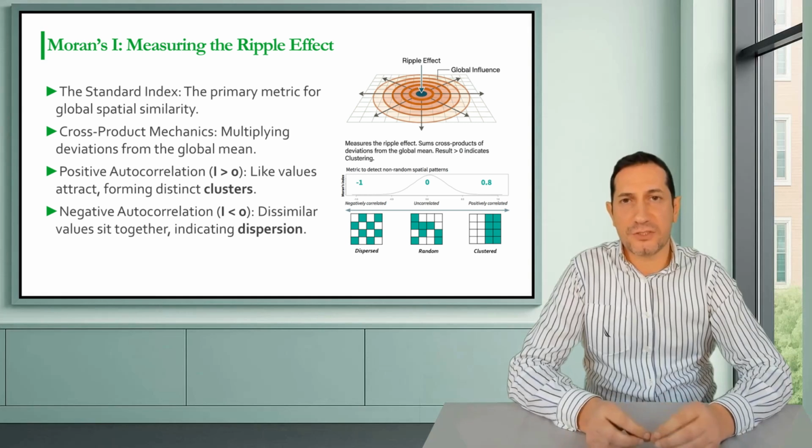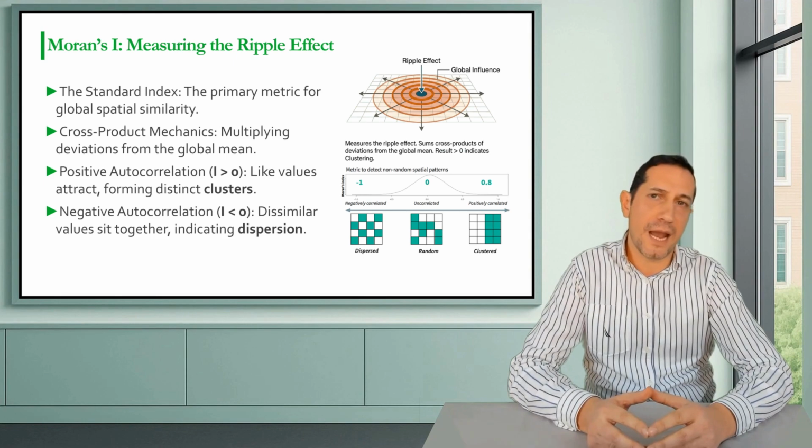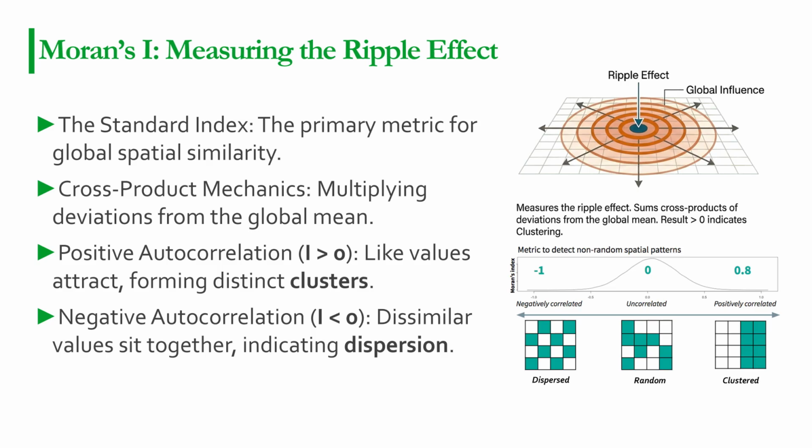The most widely used statistic for global spatial autocorrelation is Moran's I. Let us walk through the logic of the formula in simple terms. The calculation compares how disease values vary across neighboring locations using a spatial weights matrix. For each farm, we look at the difference between its disease rate and the overall average rate. We then multiply that difference by the same difference for a neighboring farm.